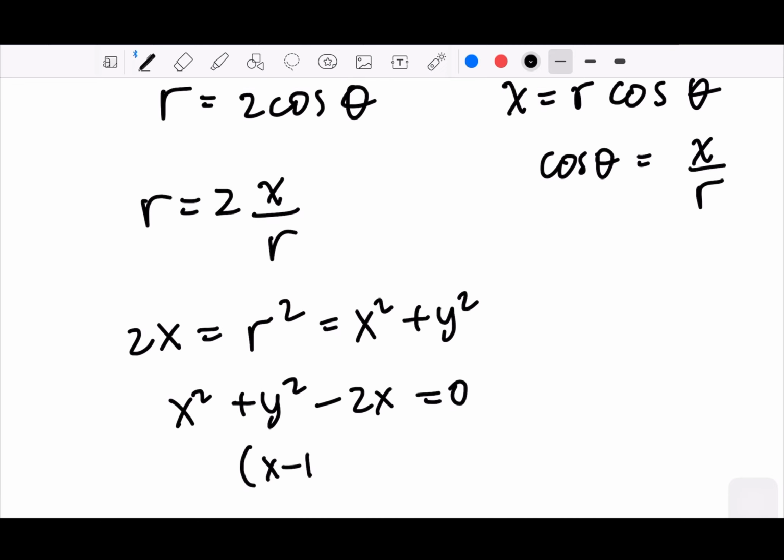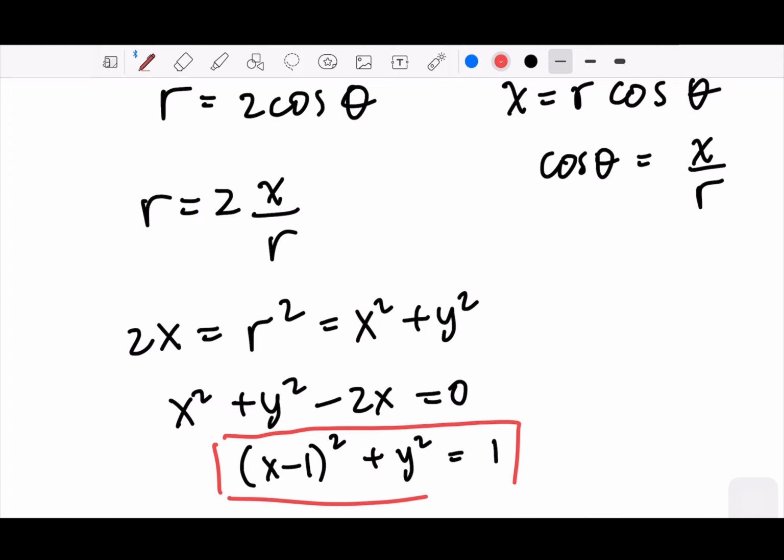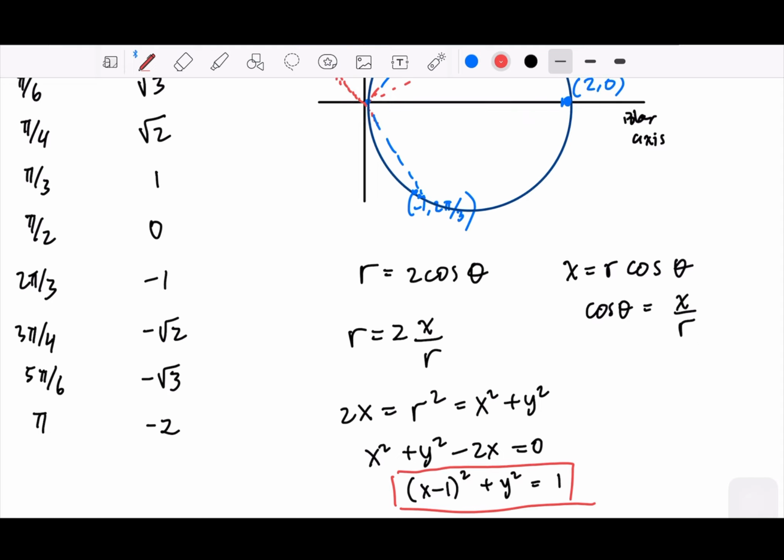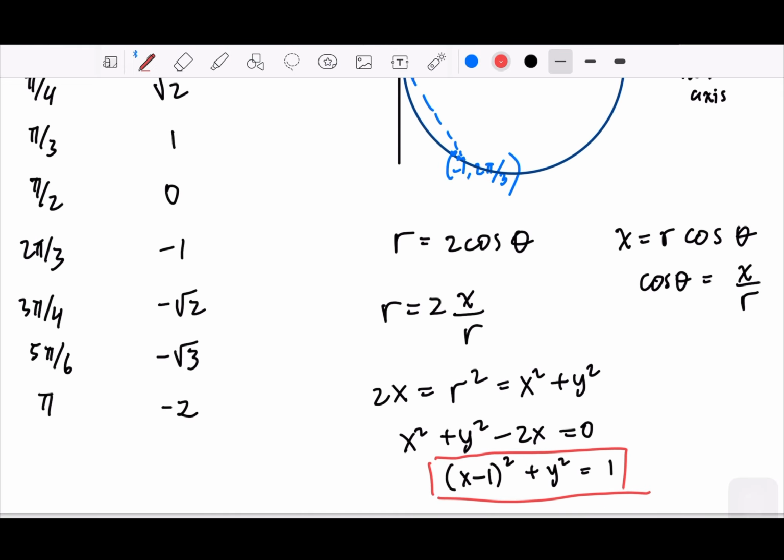We can check this. So it's true that 2 cosine theta is a circle, and we can confirm that through the Cartesians.